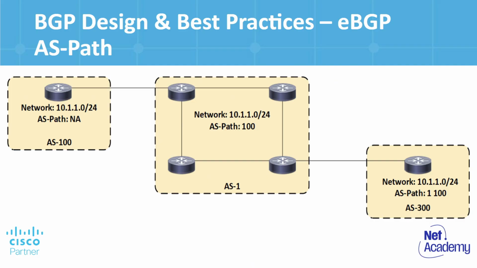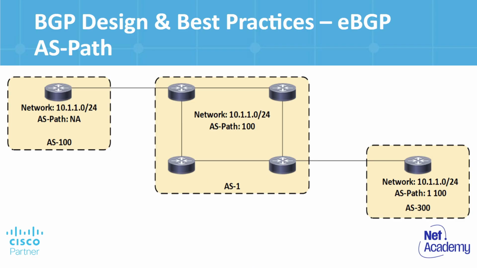So for example, it's not drawn this way, but if AS300 was somehow connected back to AS100 and it tried to send 10.1.1.0/24 back to AS100, well, upon the eBGP process of accepting the route, it will look at the AS path. And when it notices its own autonomous system, i.e. AS100, in the path, it will not accept the route.